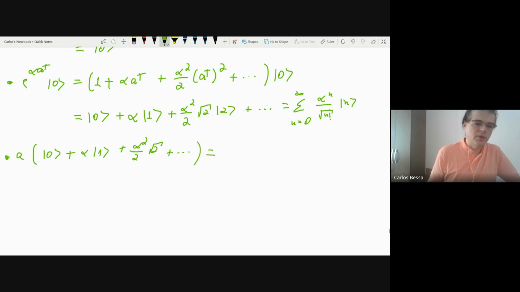So this will give me 0, because the annihilation operator applied to |0> is 0, and this will have alpha, this alpha here, but |1> with the annihilation operator will be the state |0>, and so on for the other cases. This will be alpha squared |1>, and so on.